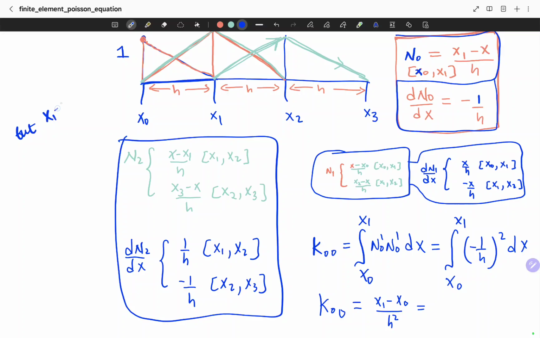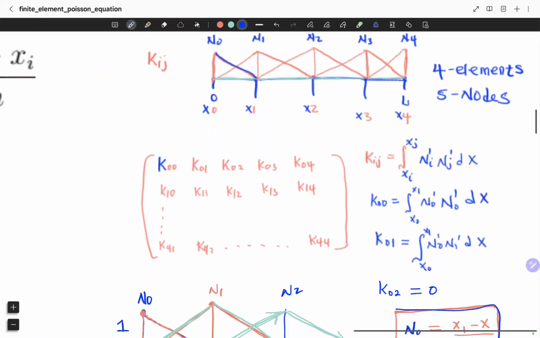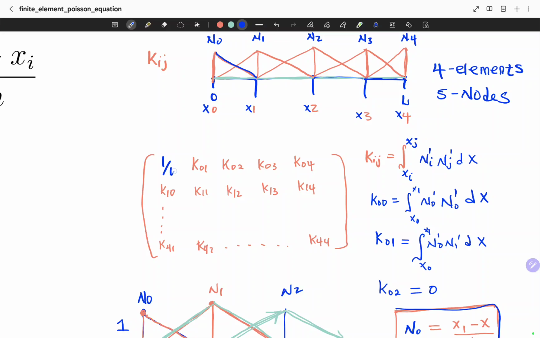Even in coding, we code it like that. So that's like h over h squared, which is 1 over h. So the element in k00 here, you can make it 1 over h.